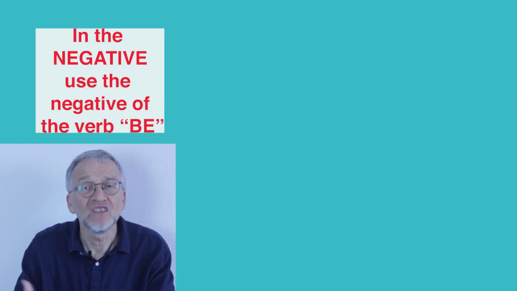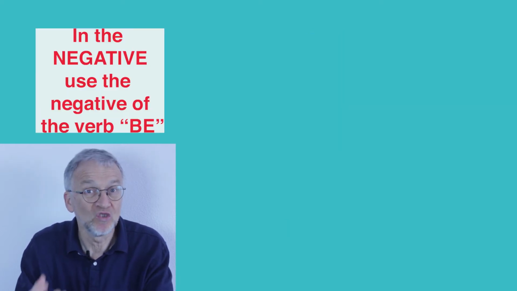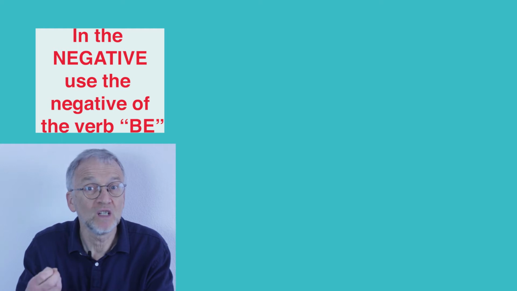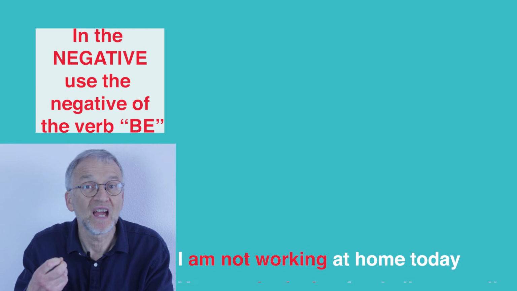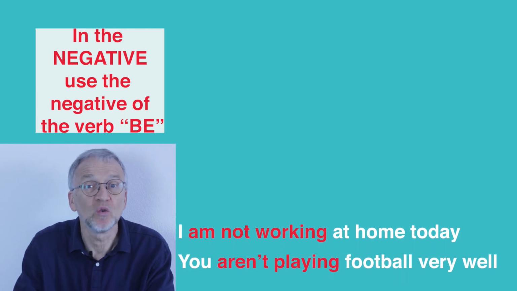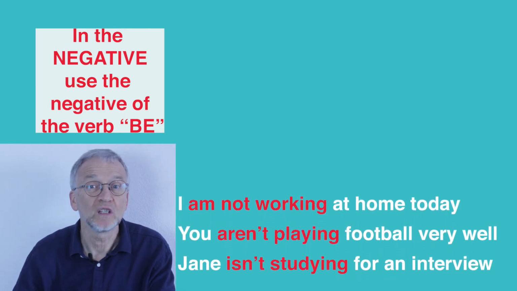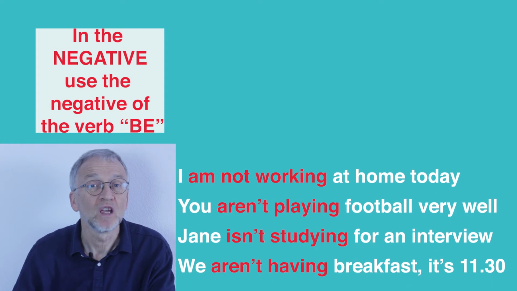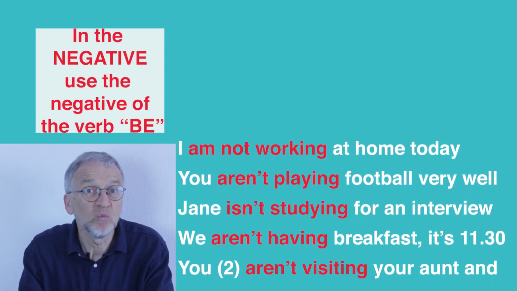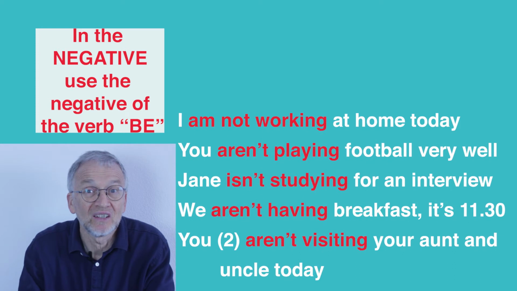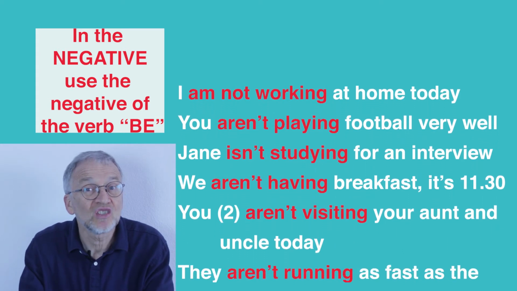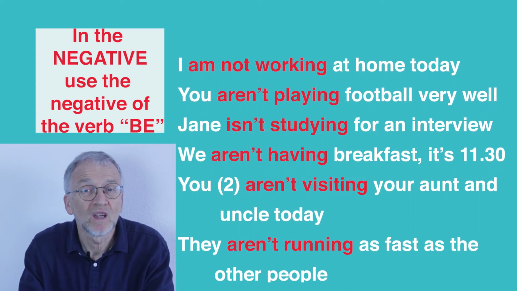Okay, and in the negative form, we use the negative of the verb to be, right? So if I am, you say I am not. So, I'm not working at home today. You aren't playing football very well, yes. Jane isn't studying for an interview.